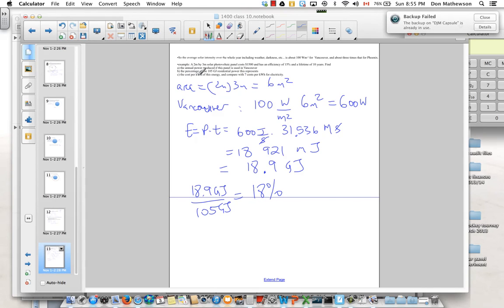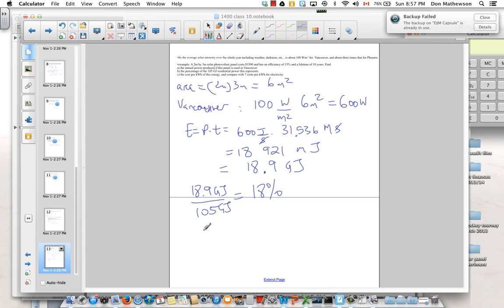Now, how much money are we saving compared with what we would pay for electricity in our home, which is about 7 cents per kilowatt hour? So solar panels now are between $1 and $3 a watt. So 600 watts, let's say it's going to cost you $1,500 installed, and it's going to last about 10 years.